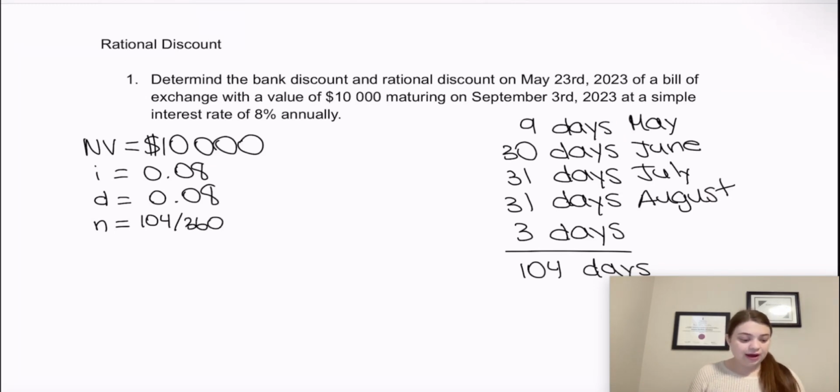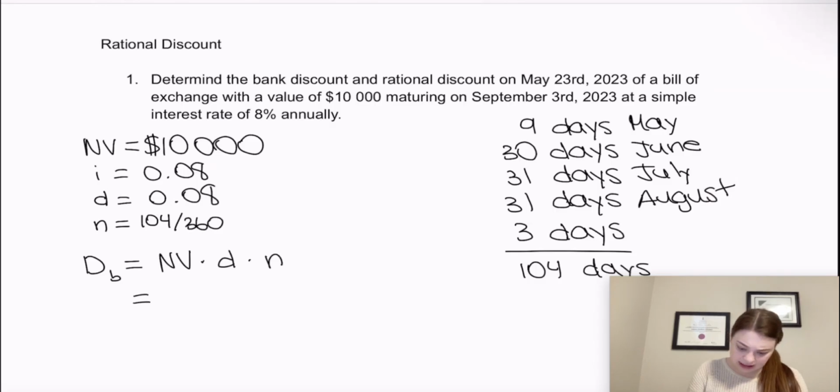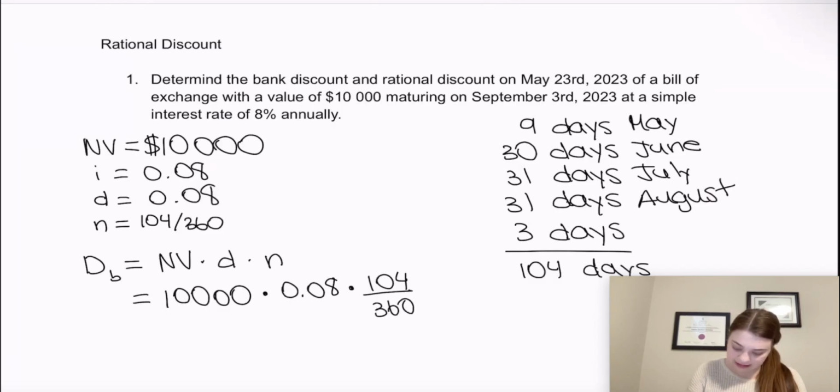All right, so now how do we determine the bank discount? The bank discount is going to be, we're going to write it like this, DB for the bank discount, is equal to the nominal value times D times N. In this case, that's going to be $10,000 times 0.08 times the value we just found for N, so 104 over 360.